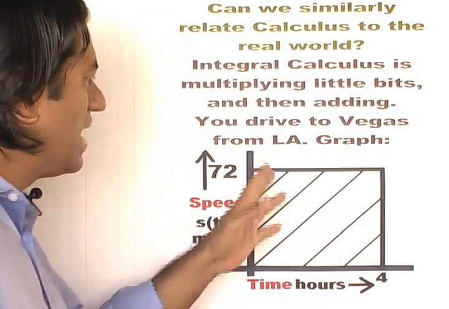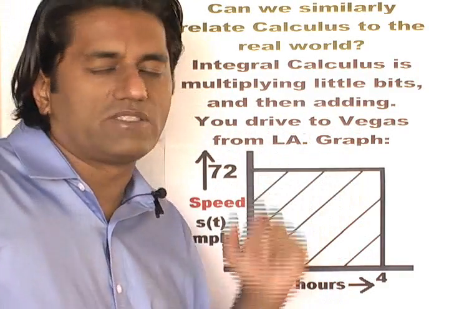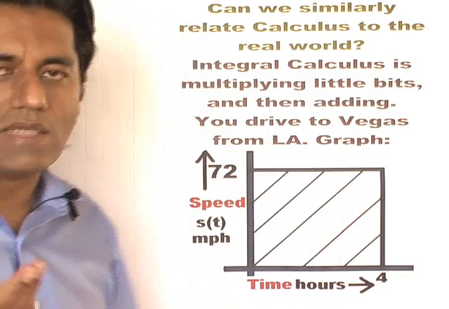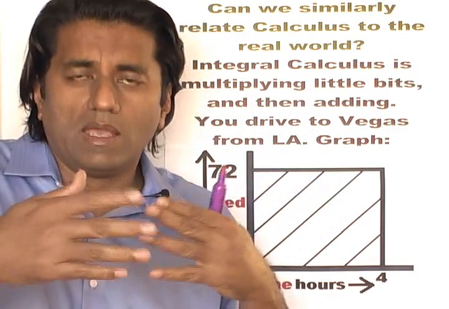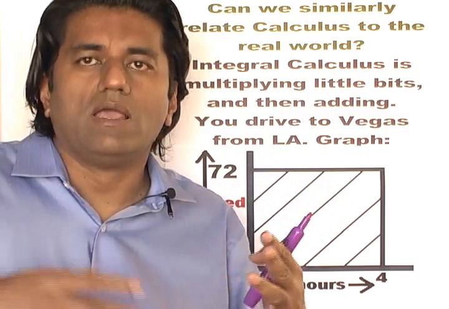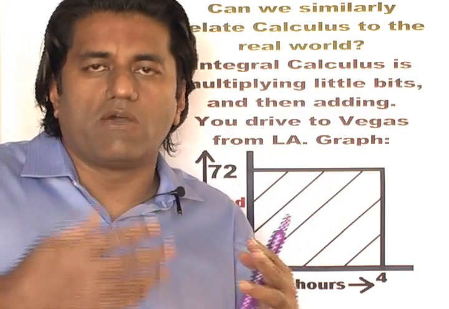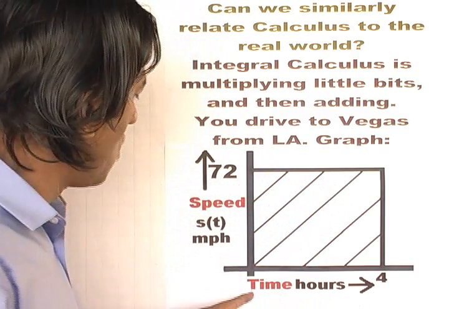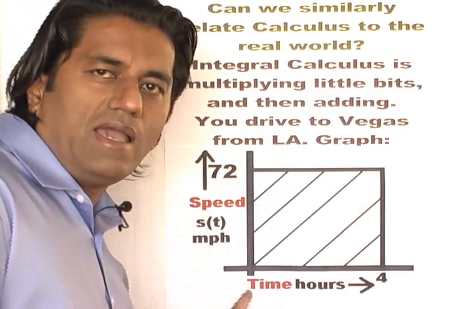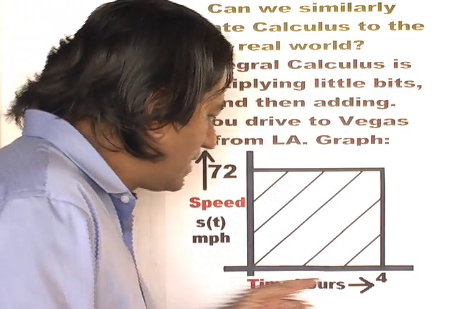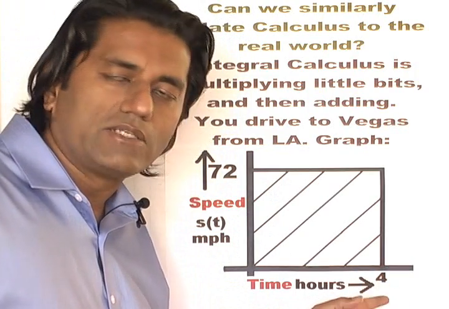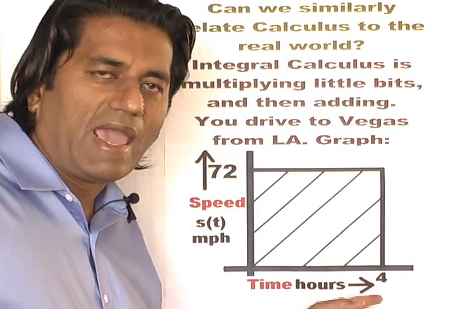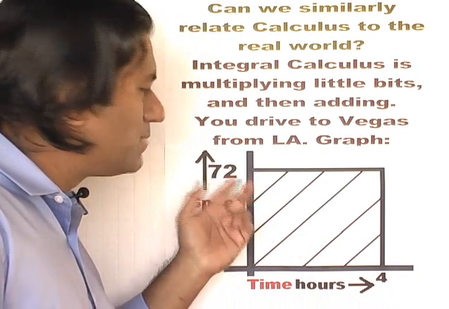Here, let's say you drive from Vegas to Los Angeles, and I ask you, can you plot your travel? So you say, okay, if I was to plot my speed along the y-axis and time along the x-axis, then I took 4 hours to get to LA, and my speed was 72.